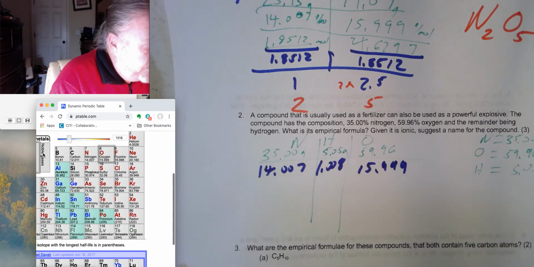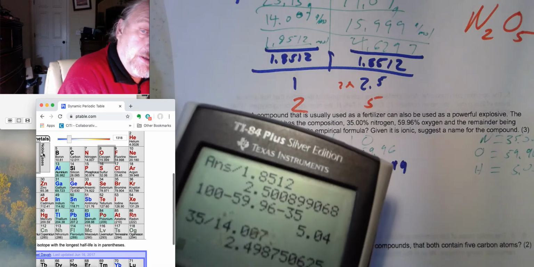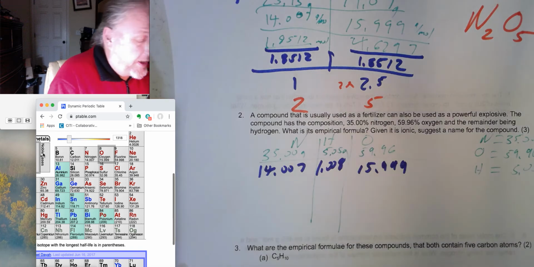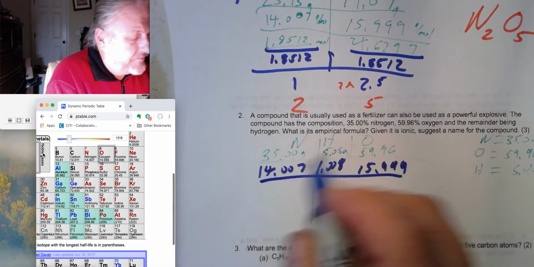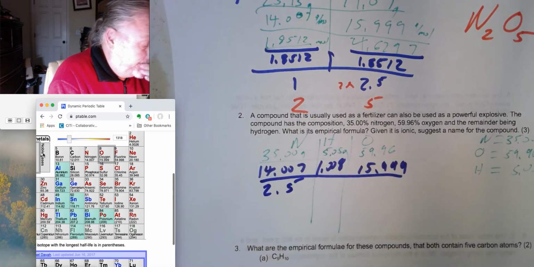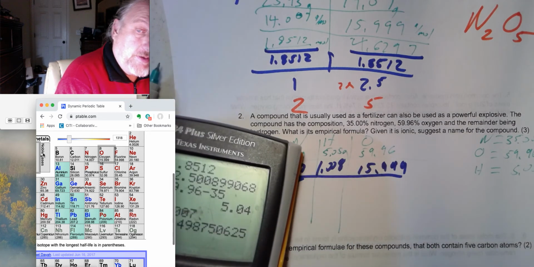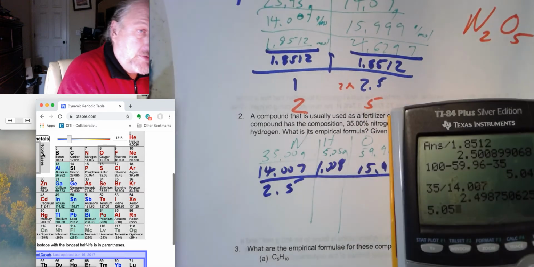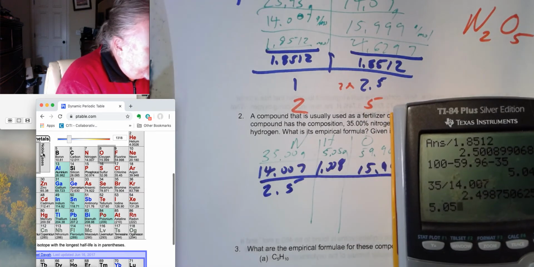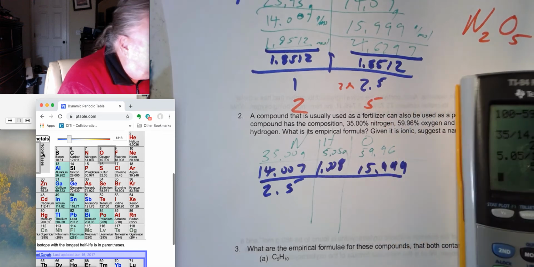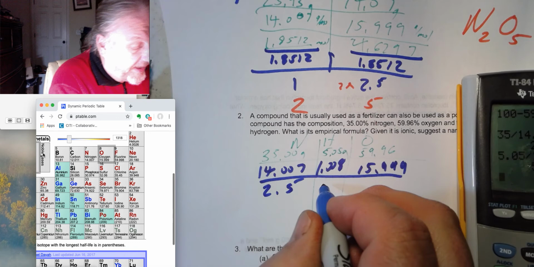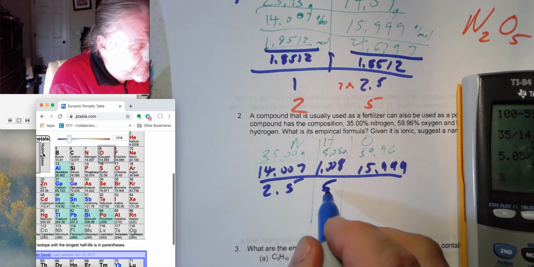Once again, I'm going to divide through by that. 35 divided by 14.007 gives me 2.498, or really, that's 2.5. My hydrogen, 5.05 divided by 1.008, gives me 5.01, call that 5.